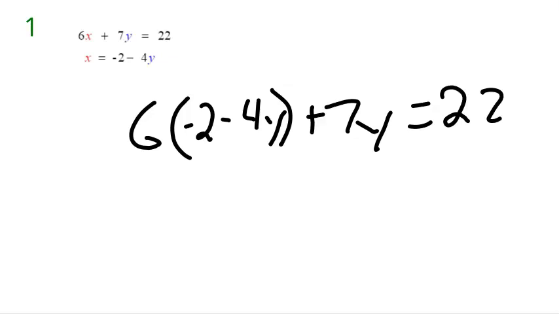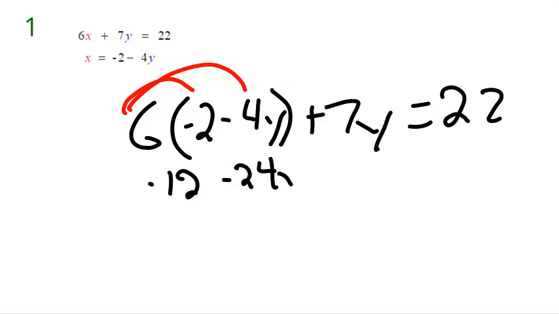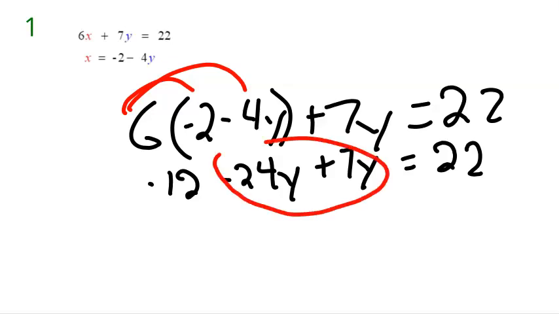Now we need to distribute. We need to multiply the 6 times negative 2 and the 6 times negative 4. Well, 6 times negative 2 is negative 12. And 6 times negative 4y is negative 24y. Everything else is the same. Next, we want to combine our like terms, these two.